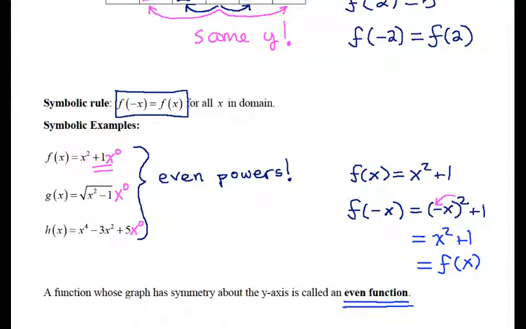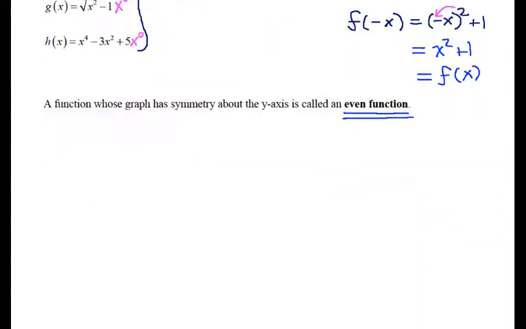For example, absolute value functions. We know that absolute value functions have a graph that looks something like this, right? If this is an x and a y axis, our absolute value function would be a V that touches down at the origin. This is an even function also because its graph has symmetry about the y-axis. It does not have even powers.